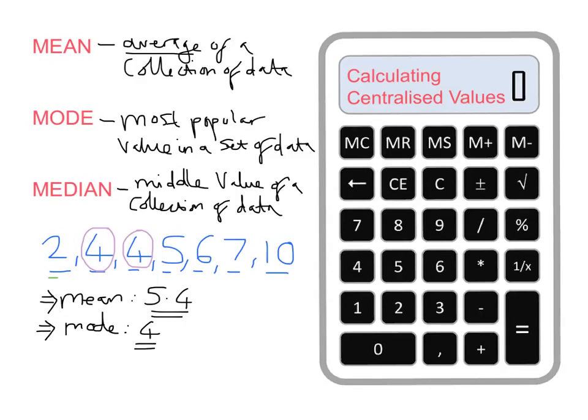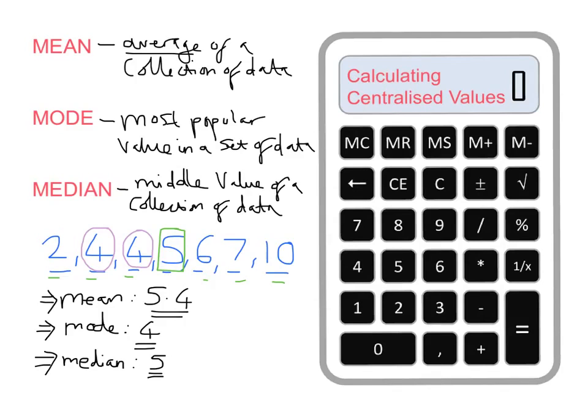So if we go 1, 2, 3 this side, and then 1, 2, 3 this side, you can see that that leaves us with a central number here. So our median in this data set, our middle number, is 5. And there we have it.